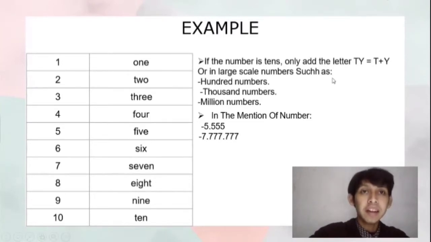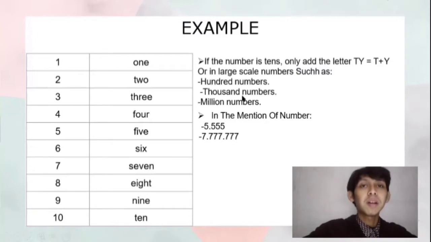For tens, you only add the letters T, and it scales up to numbers such as 100, 1000, and million.